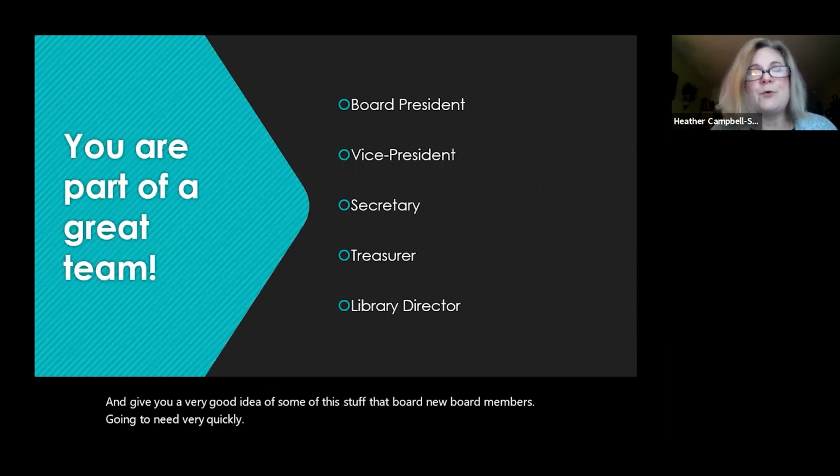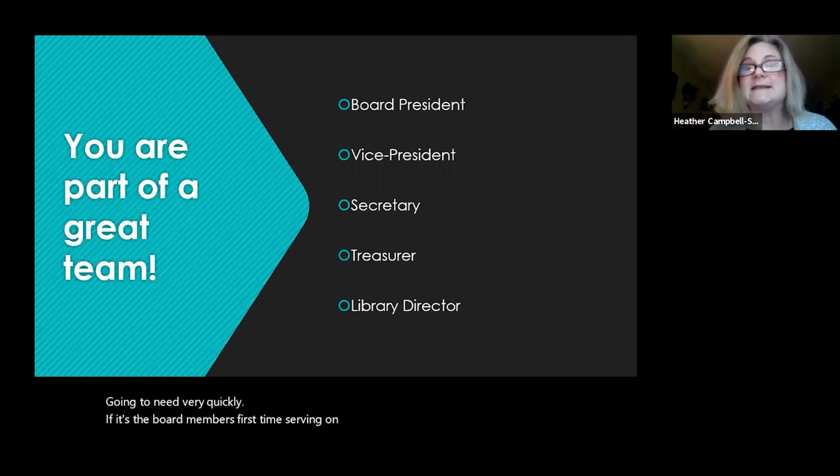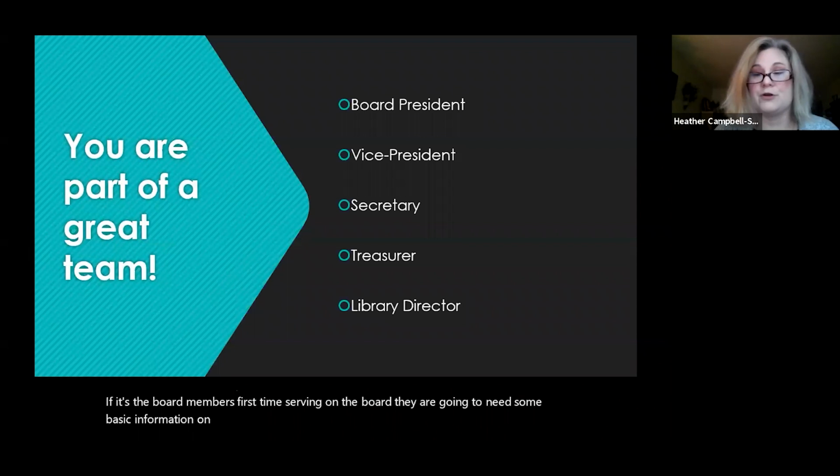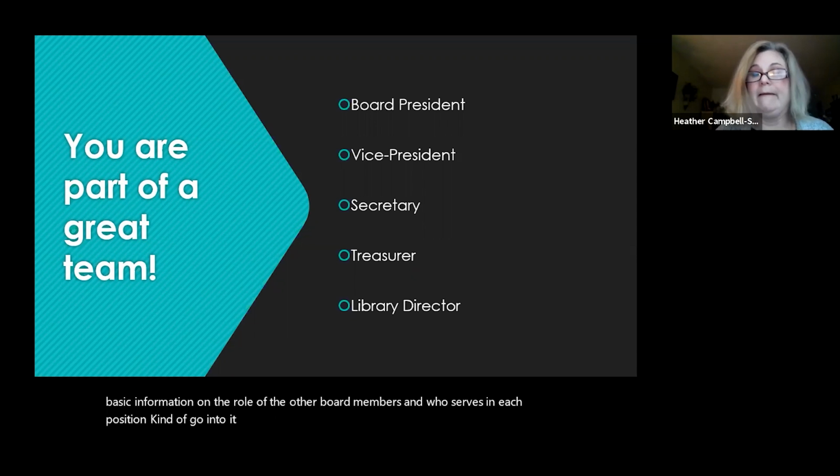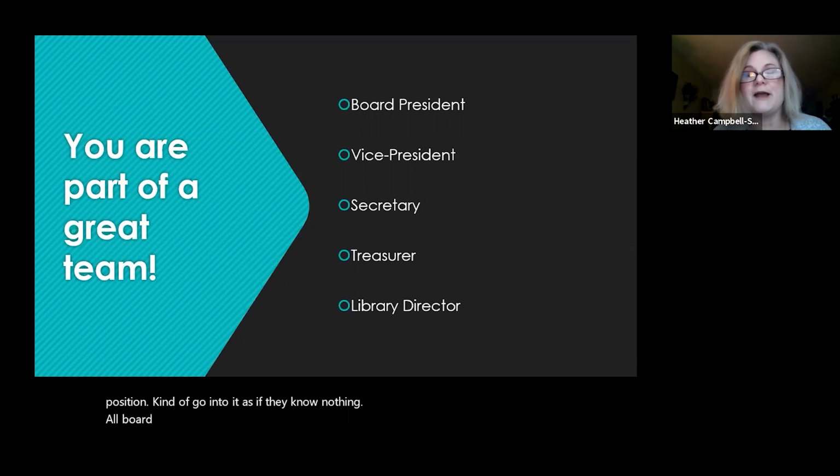If it's the board member's first time serving on the board, they're going to need some basic information on the role of the other board members and who serves in each position. I kind of go into it as if they know nothing. All board members need to represent the library and its interests in the community.